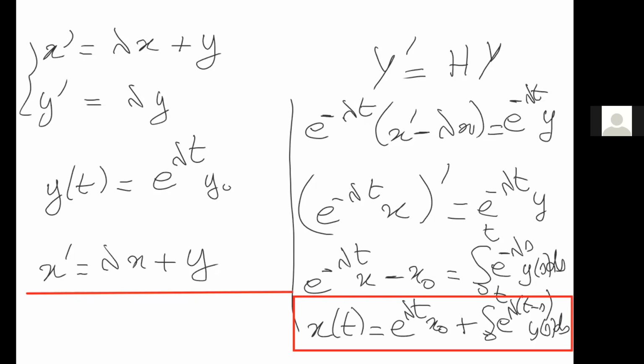So I get x of t equals exponential lambda t x0 plus exponential lambda t y0. Any question? I went a little bit fast.